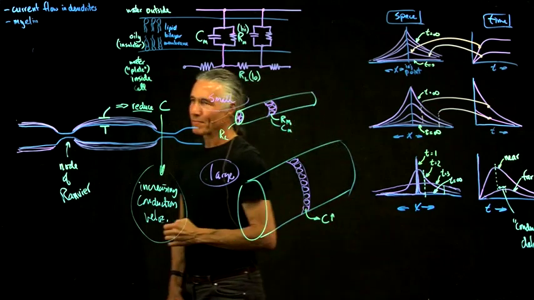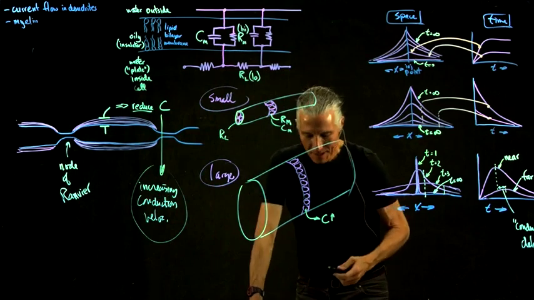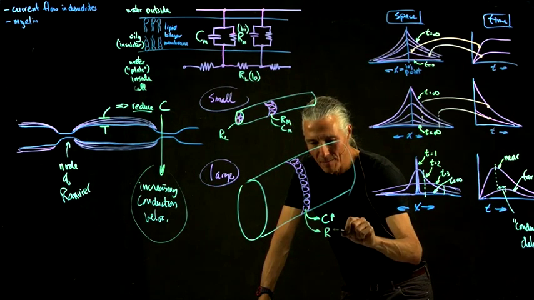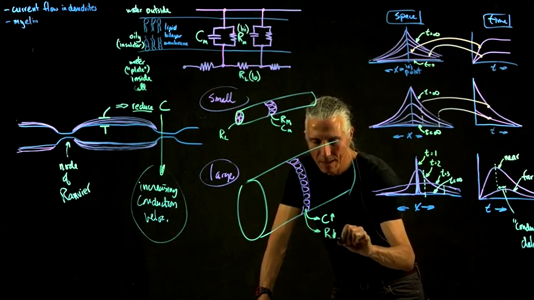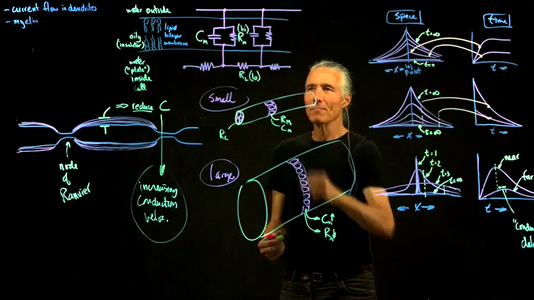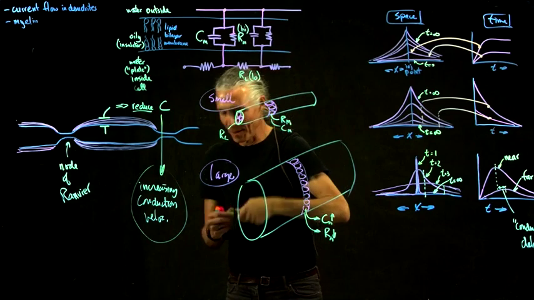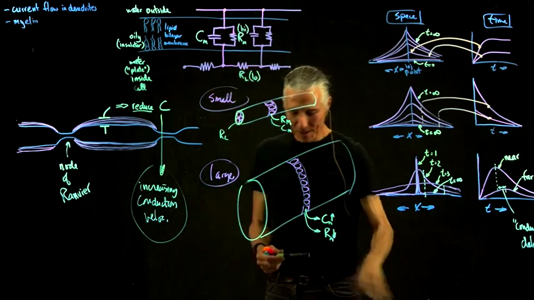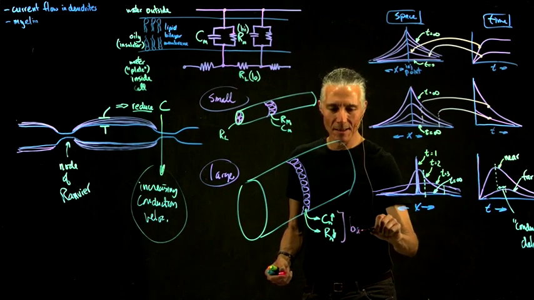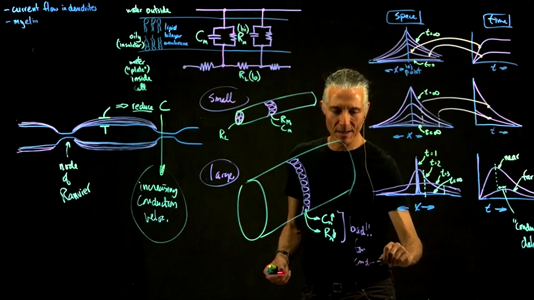That's a bad thing, so that's going to slow us down. And what else is it going to do? It's going to decrease the membrane resistance. Also a bad thing. More stuff is going to leak out through the membrane. We want a good insulator, like a submarine cable. So both of these are bad for conduction velocity.